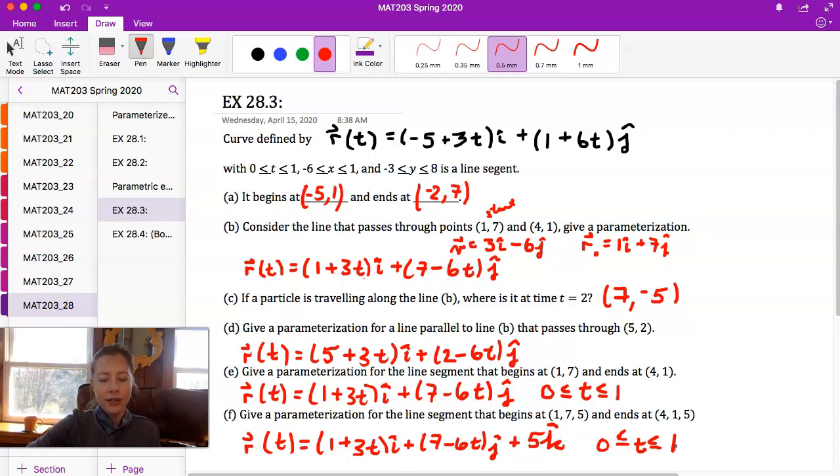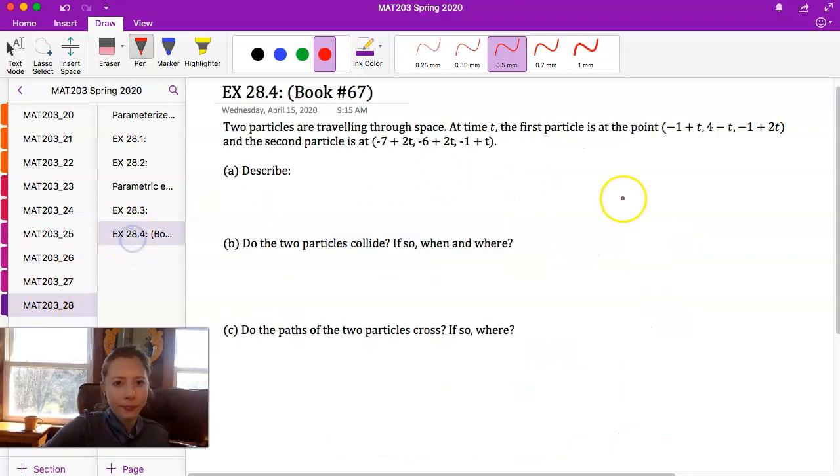Now we're going to get slightly more physicsy with this next exercise. This is number 67 from your book. We're going to consider two particles traveling through space. At time t, the first particle is at the point minus 1 plus t for the x, 4 minus t for the y, and minus 1 plus 2t for the z.